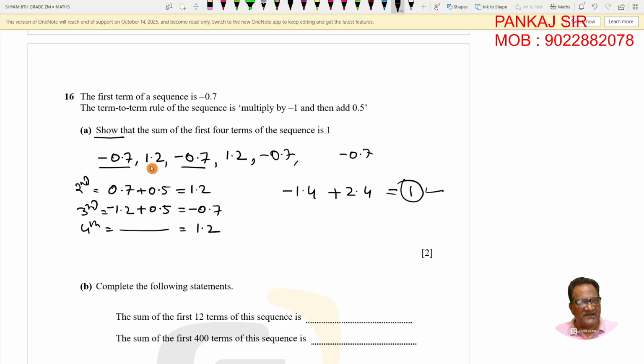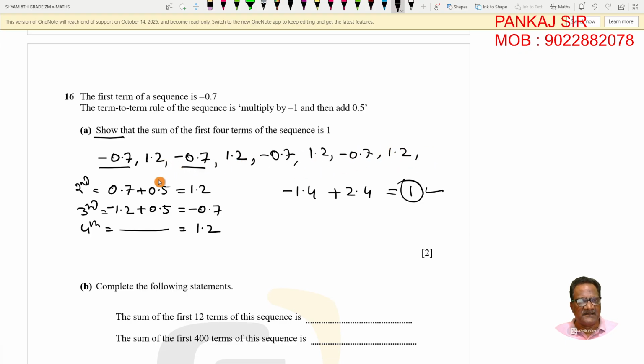In the same way, all the even-numbered terms, second, fourth, sixth, and eighth, will be 1.2. So my sequence is such that all the alternate terms are going to be the same.